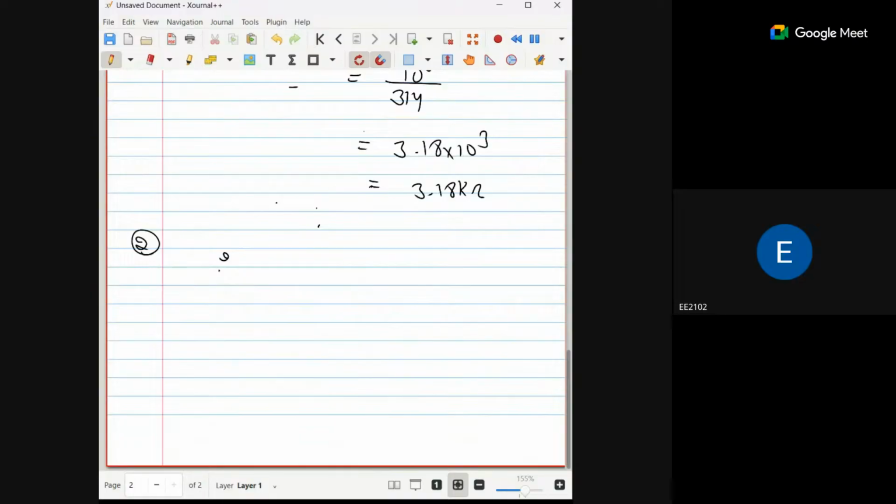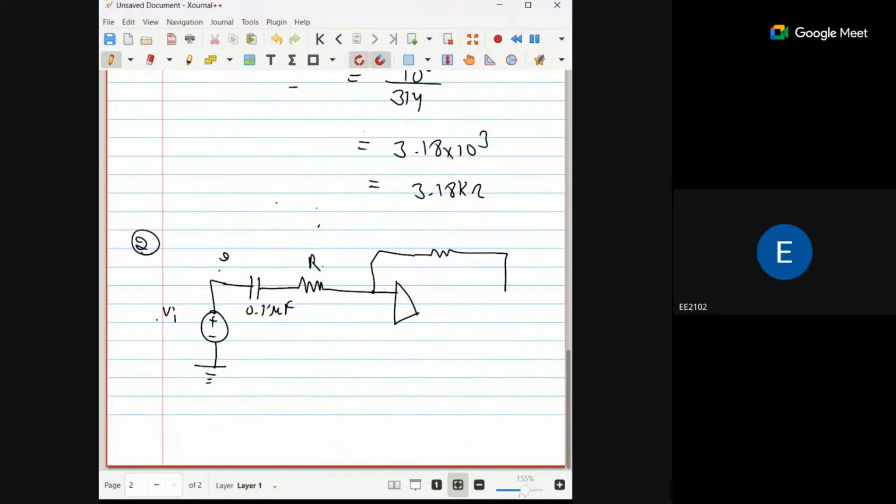So for the second question, here is a capacitor of 0.1 microfarad.